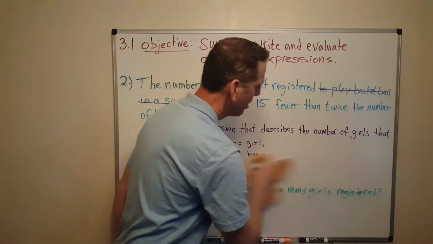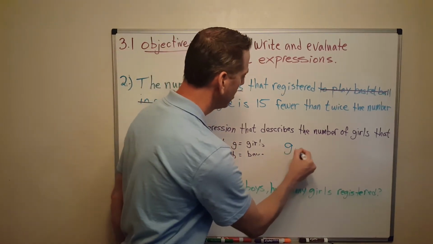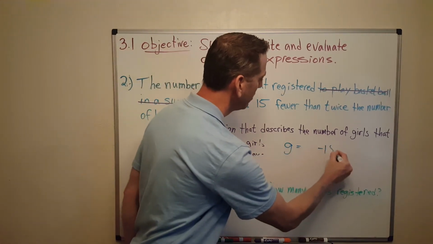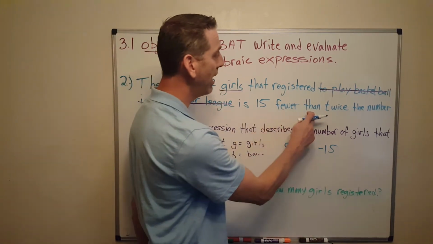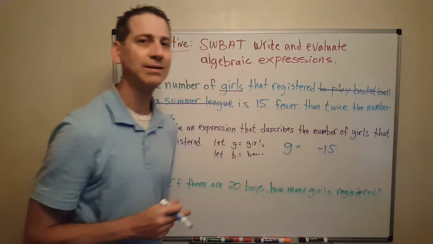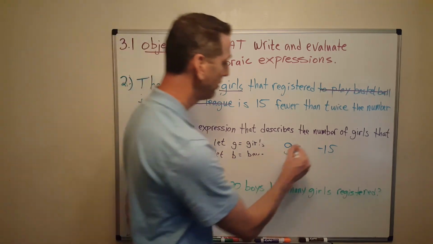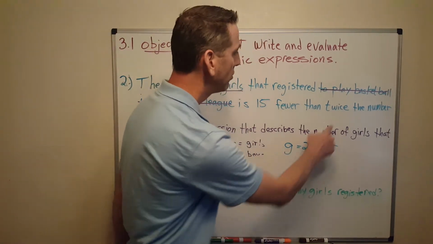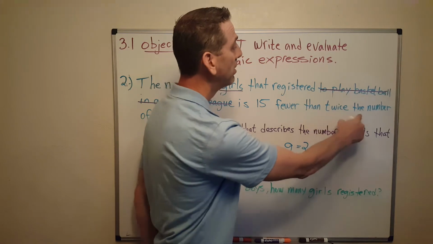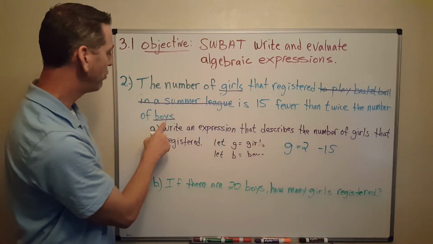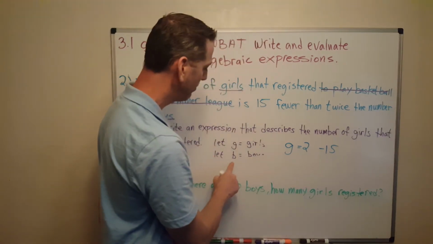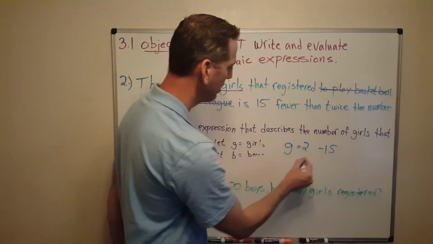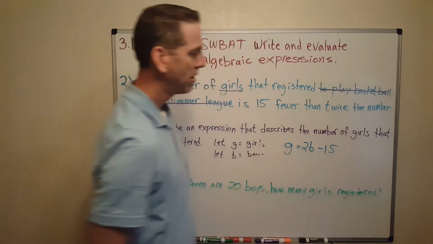All right, so G equals... It's going to be 15 fewer than something, right? 15 fewer than twice. That just means 2 times. Twice what? The number of boys. And boys is B. I kind of erased it there, right?